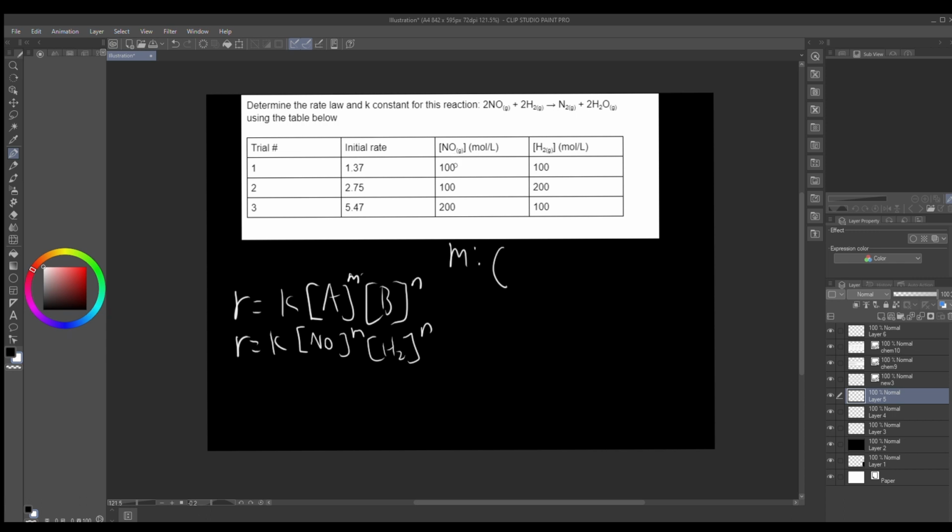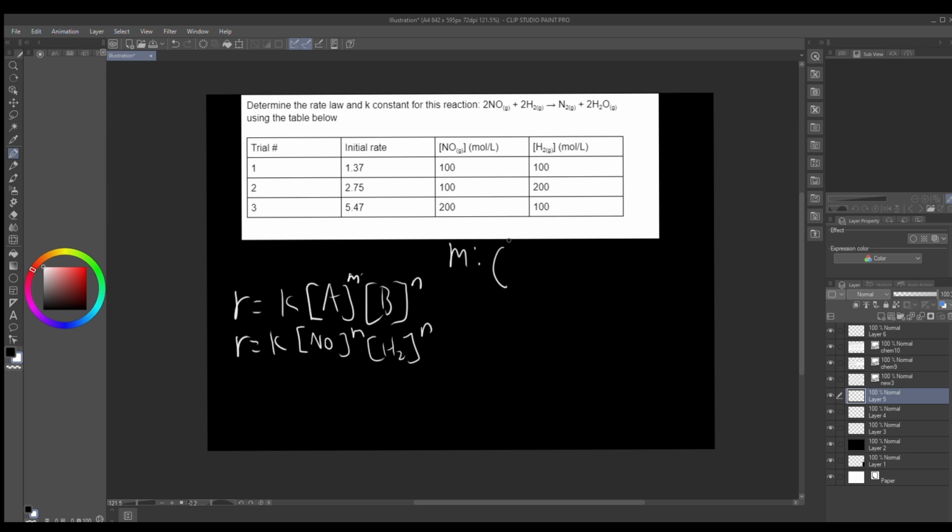We would use the trials where the concentration of NO is different. The third and first trials are different for NO. The second and third are different too, but the H2 is different there as well, while the H2 remains constant for the first and third. So we have to use the first and third one for this.